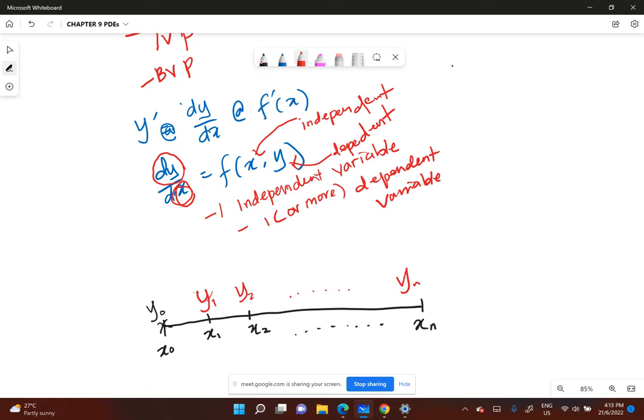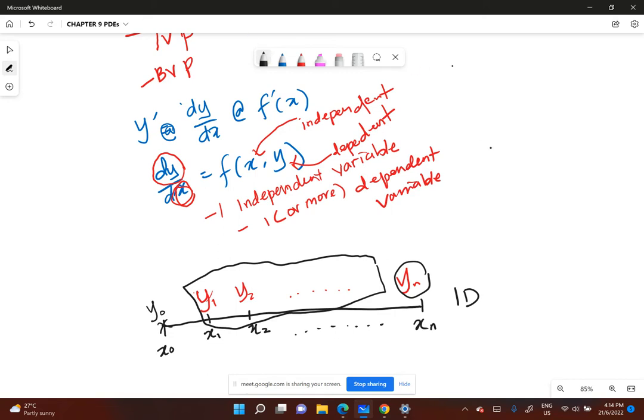If it is a boundary value problem, that means yn is given as well, so we only need to find the values in between. So we find in one direction only, 1D, one dimension.